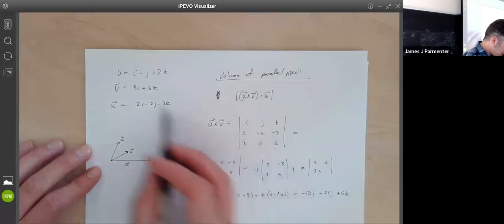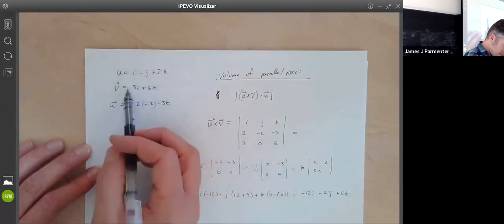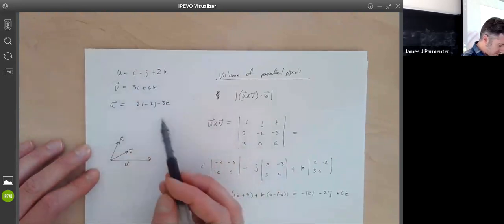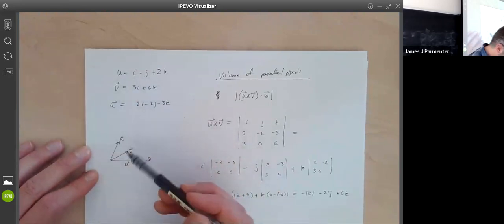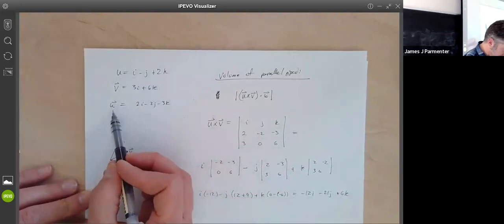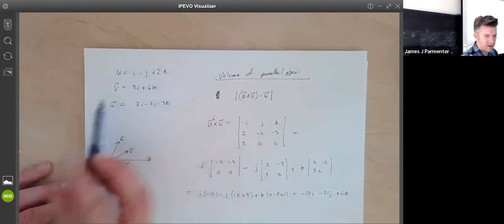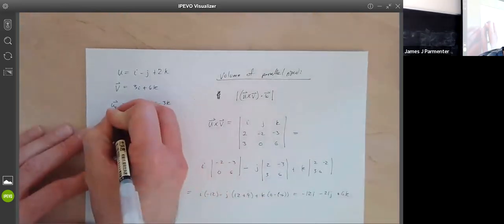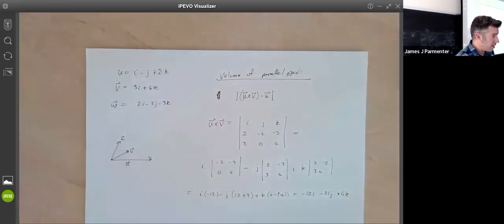Oh, interesting. I said u cross v, but then I looked at my vectors and my w looked a lot like a u, which is also a good reason for why do we use u, v, and w? God only knows. I accidentally used w. That's okay.